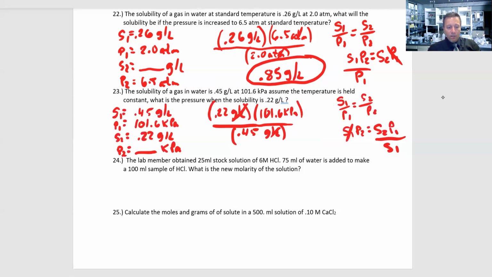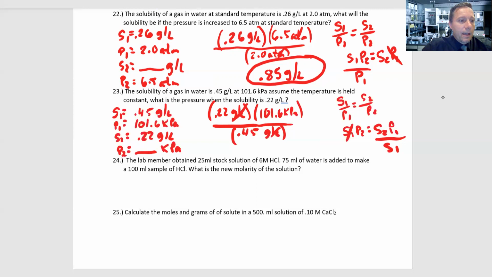0.22 times 101.6 divided by 0.45. So I have two significant figures. So I have to round this.